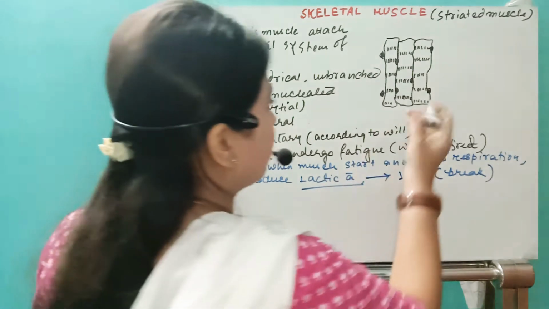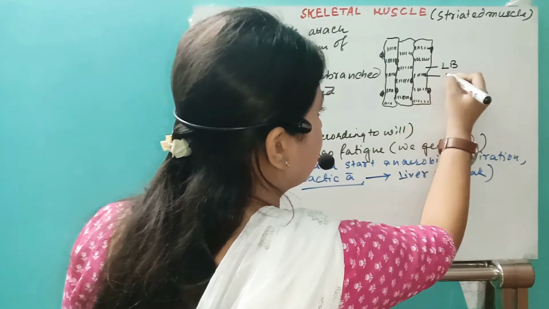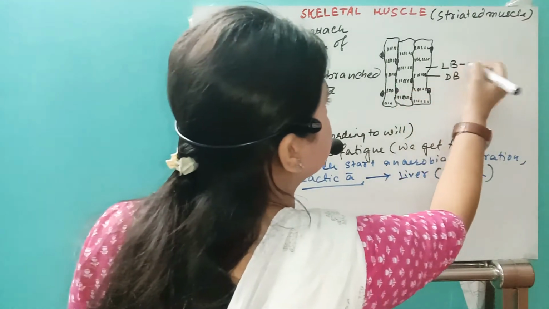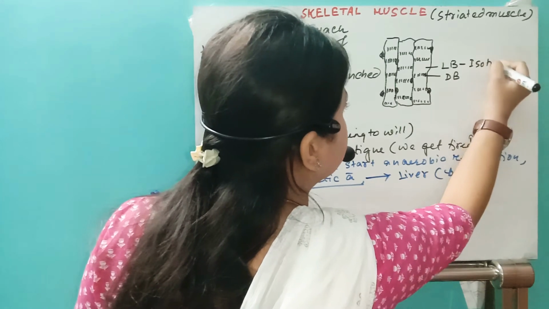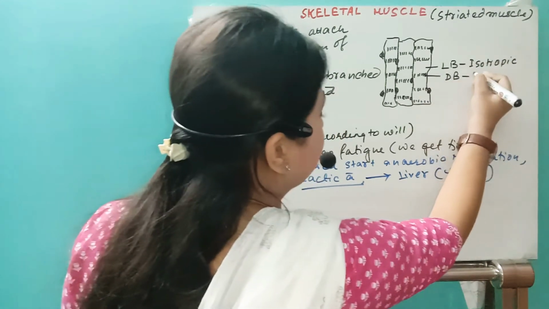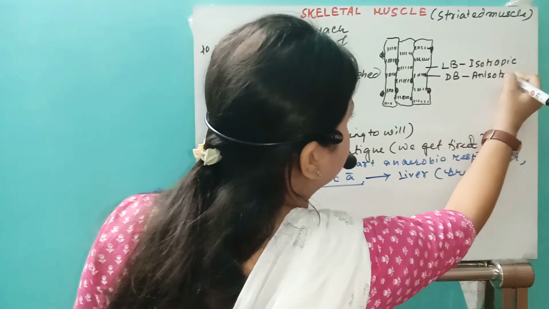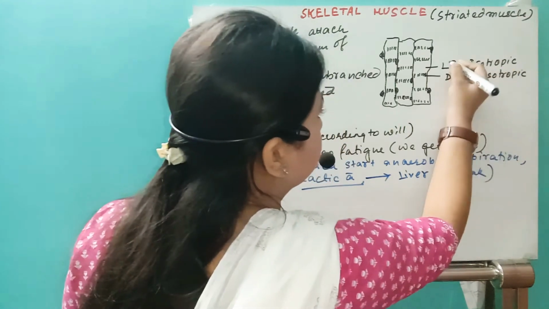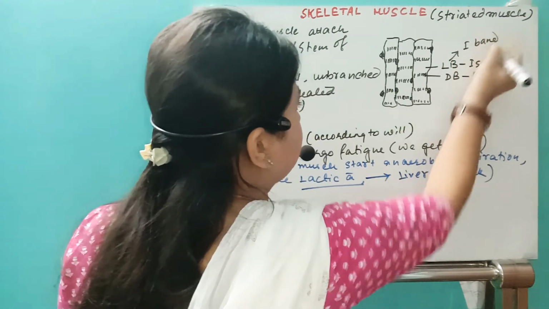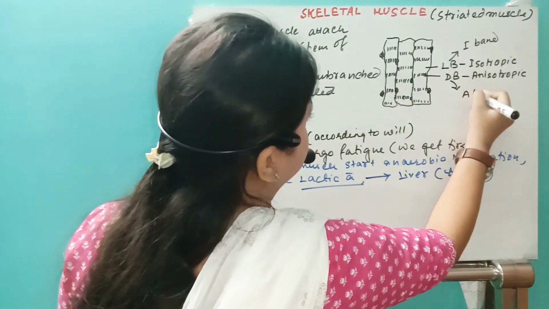What is the light band? This is the light band, and this one is the dark band. Understand? This light band is also known as the isotropic band, and this dark band is also known as the anisotropic band. So the light band is also known as the I band, and the dark band is known as the A band.